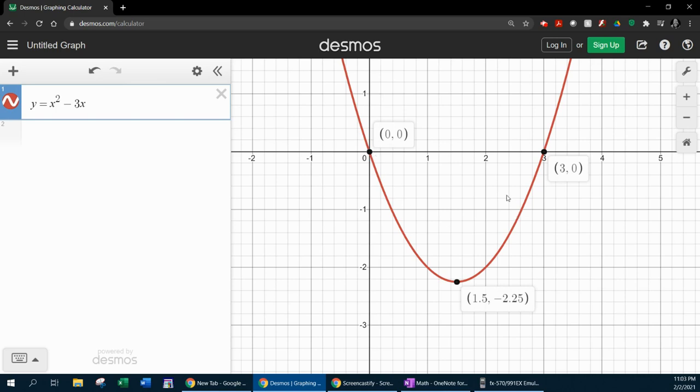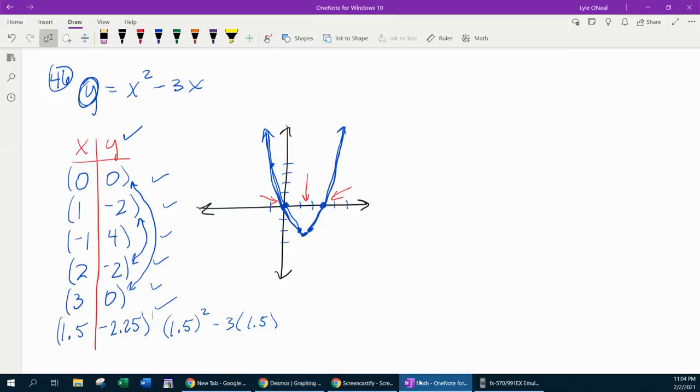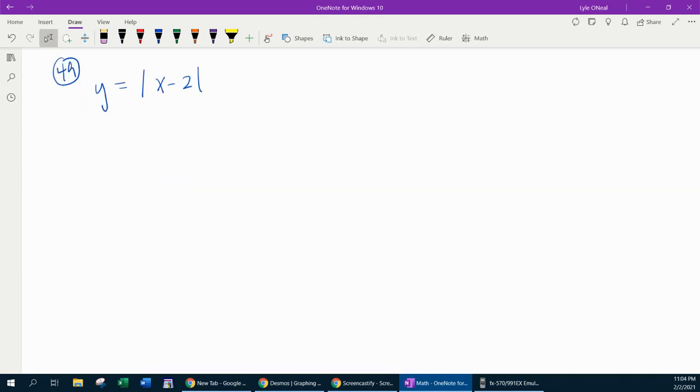So again, Desmos is a very nice tool, not to do the work for you, but to check your work to make sure you're correct. And this graph here that Desmos shows verifies all of the stuff I did by hand. Super nice. Next example we're going to look at is number 49.